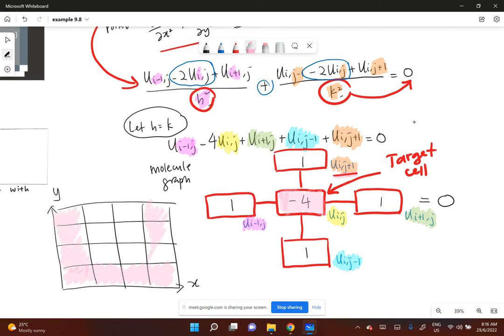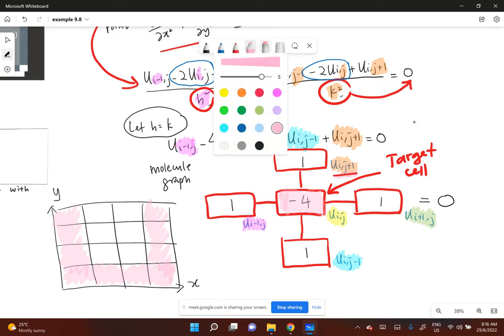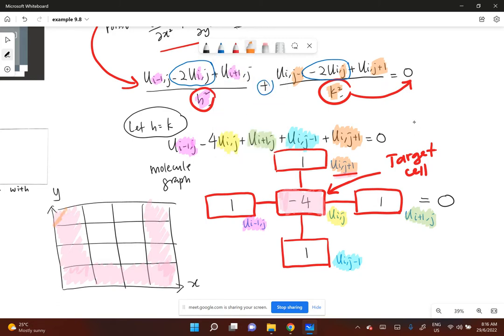This one you learned in the heat equation and wave equation before. And for this elliptic PDE, it will be given the boundary, that means all four sides, including here on the top. So that means we only have to find at the middle here. These four only. Okay, so if you look at here, I want to put this molecule graph like this.